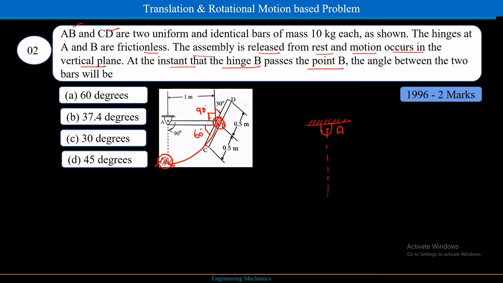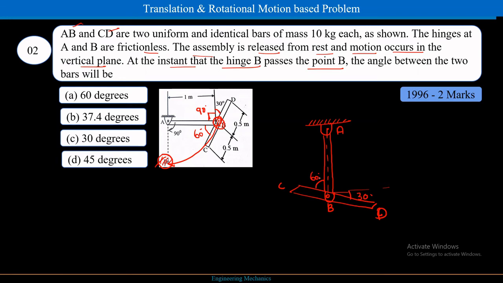So I'm going to draw the diagram like this. Then this has to come like this. This is my point B and this is my C, sorry, this is my C and this is going to be my D, and this is making an angle 30 degrees and this is making an angle 60 degrees.